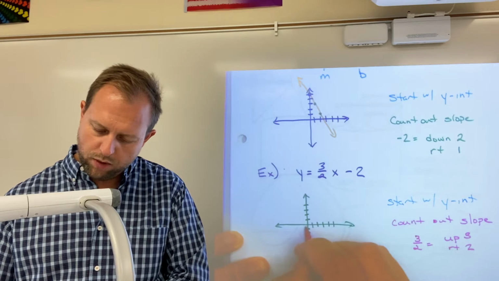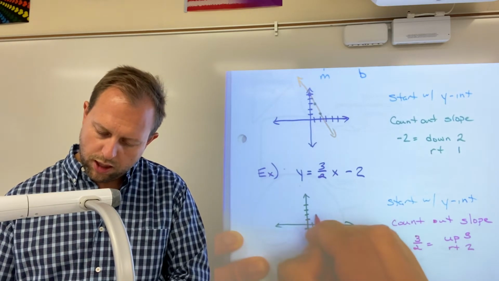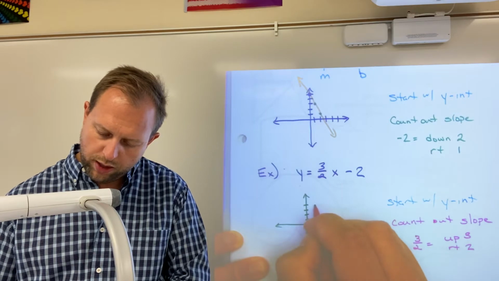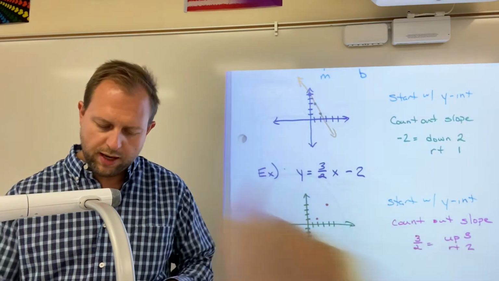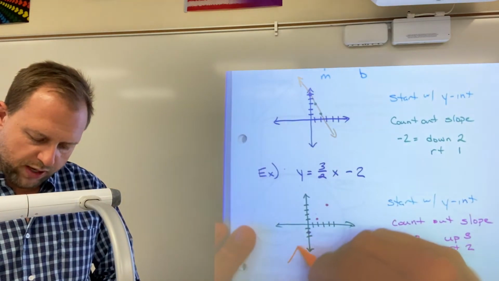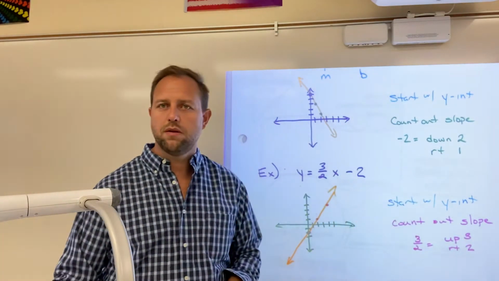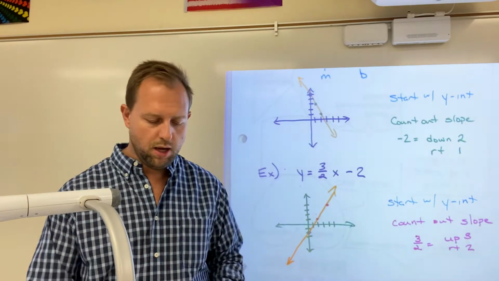So up 1, 2, 3, right 1, 2. And again, we should get points that form a line. Positive slope, arrow is heading up.